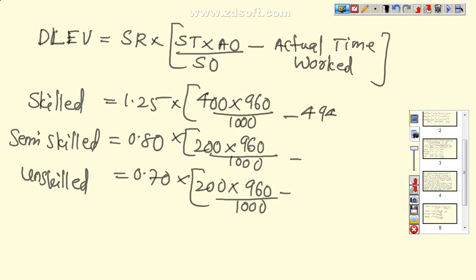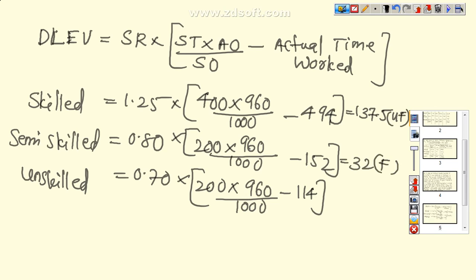That is equal to 137.5 unfavorable, 32 favorable, and 54.6 favorable.